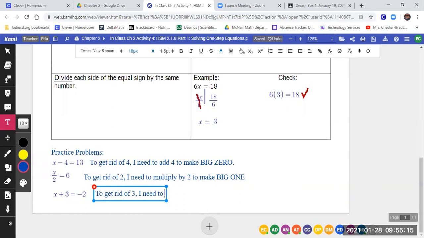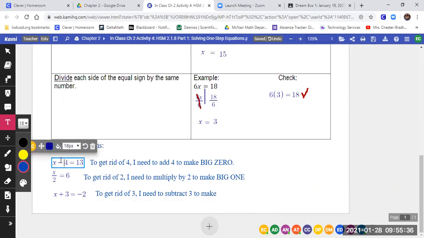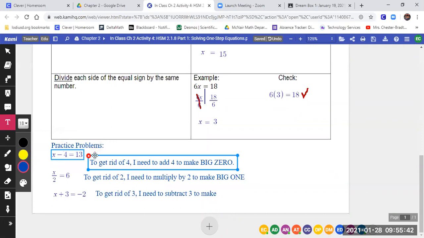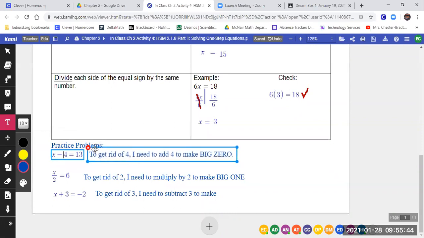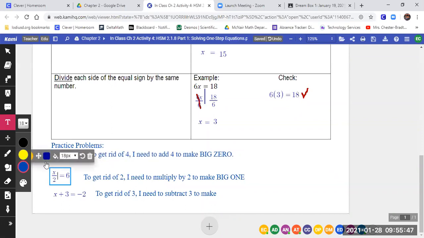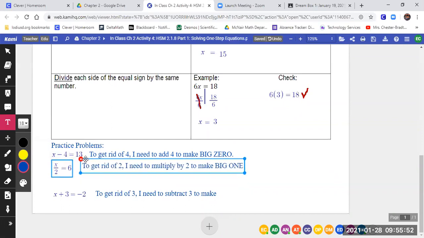Yes, I need to subtract 3 to make, which one are we making? Big 0 or big 1? With adding and subtracting, are we making a big 0 or a big 1? A big 0, yes. Adding and subtracting is a big 0. Multiplying and dividing is the big 1.